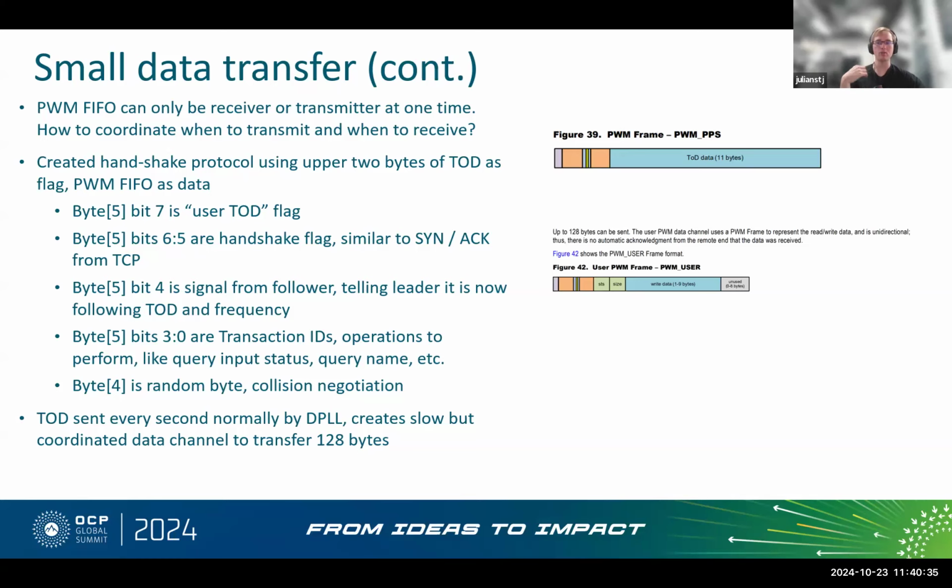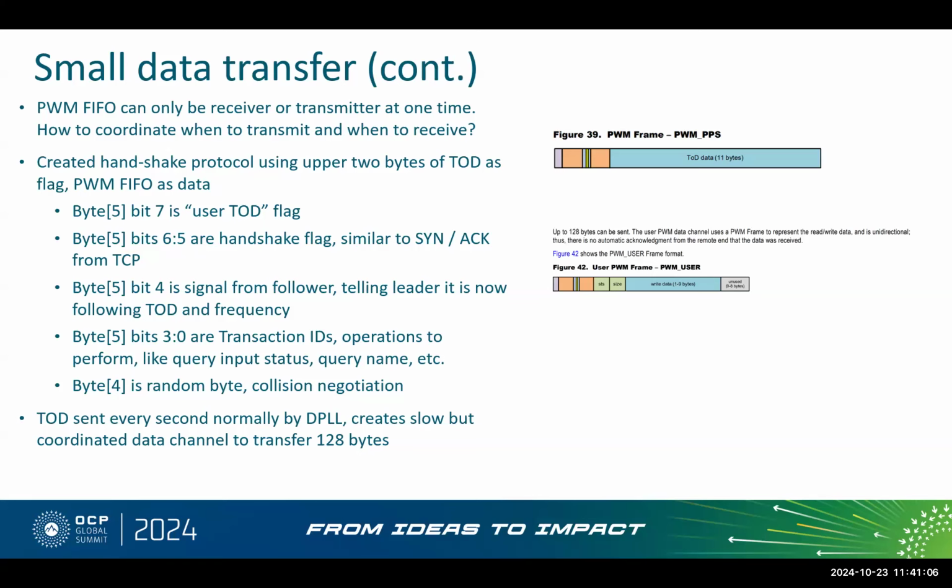I have to do the I2C transactions to change the time of day, do the handshaking, read it back, and then do the FIFO and read it back. So it's all done with the normal firmware that's available. If you wanted to optimize it, you would probably want to do it in the firmware. But I wanted to see what was possible with off the shelf firmware components.